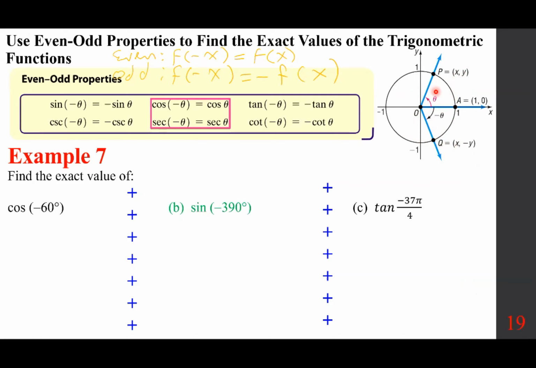Cosine is positive here in the first quadrant and in the fourth quadrant. And in the fourth quadrant, we are dealing with minus theta. Because cosine is positive, so is secant, because secant is the reciprocal of that. So, to answer these examples, cosine of negative 60 is cosine of 60, and cosine of 60 we should know is 1/2.